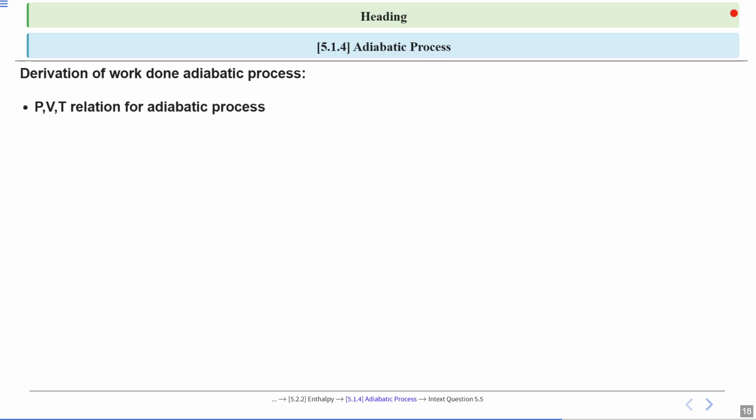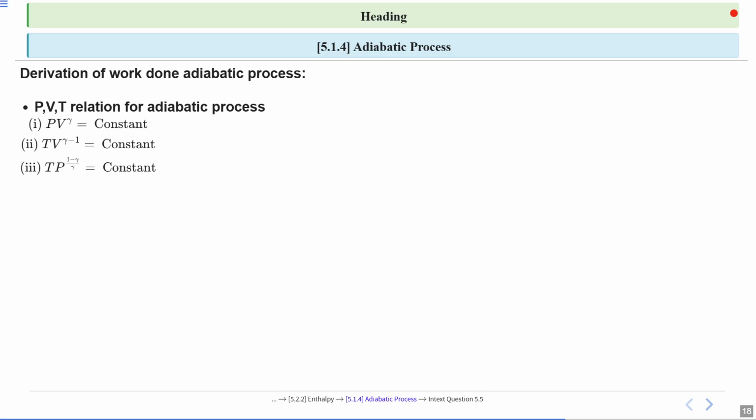Using this relation, we will try to derive a relation for the work done. Now there is a small twist here. What is that twist? Our normal gas equation is written in a very different way for the adiabatic process. How do we write it? Three equations are there.